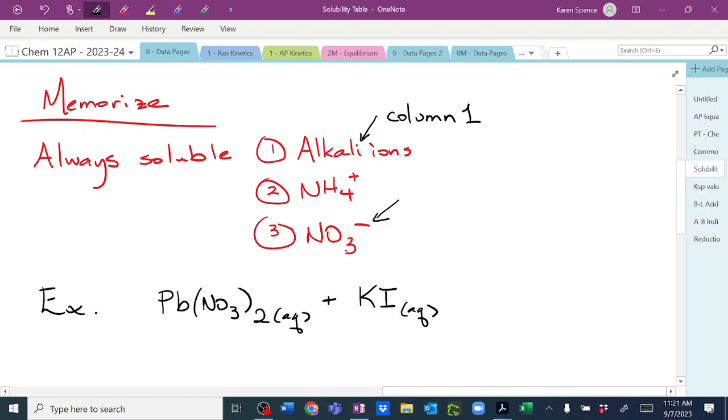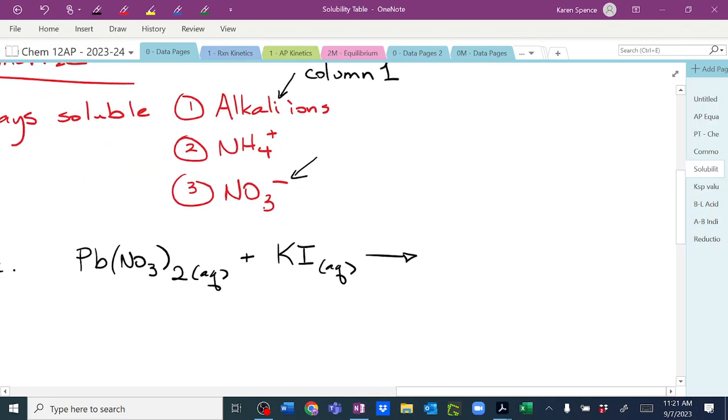Okay. Now let's predict our products for this. Do you remember how to predict the products for a double replacement reaction? You swap the ions. One of the easiest ways to do it is to write out all the ions with their charges. So you can say, okay, I know that I have Pb, I know I have NO3, I don't care that I have two of them.